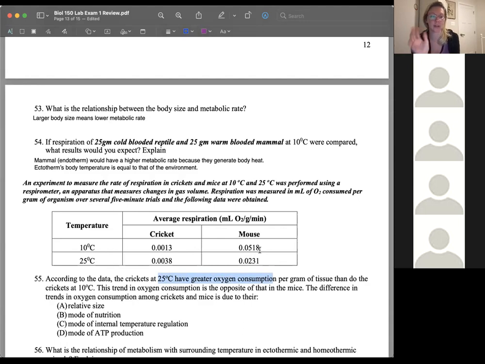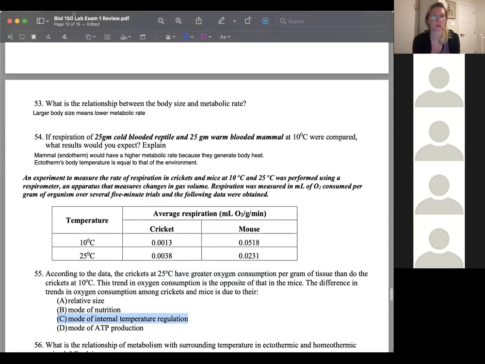So the difference in these two trends of oxygen consumption is due to what? Right, it's about that internal temperature regulation.